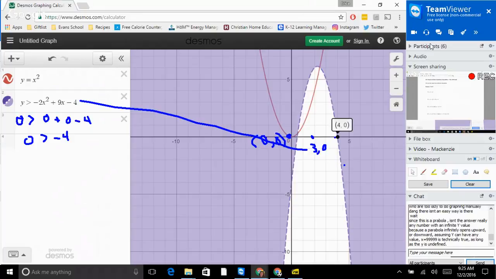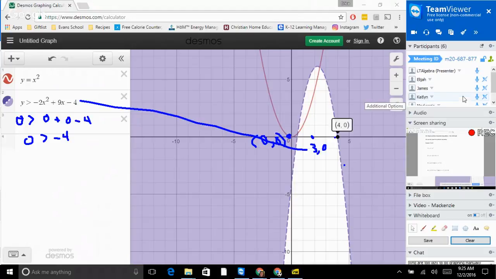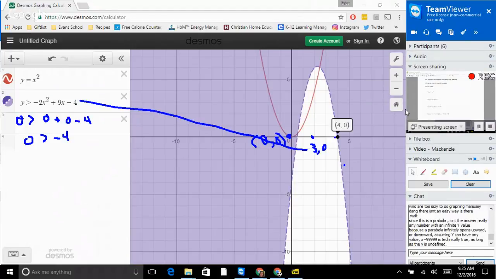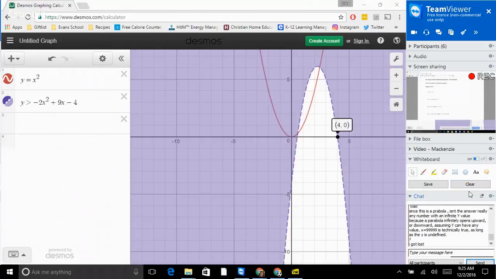Okay, so is everybody following along, as what you're typing in, what it actually means? That kind of makes sense? You got lost? Lost on what we're doing or on the undefined? What are we all writing down?